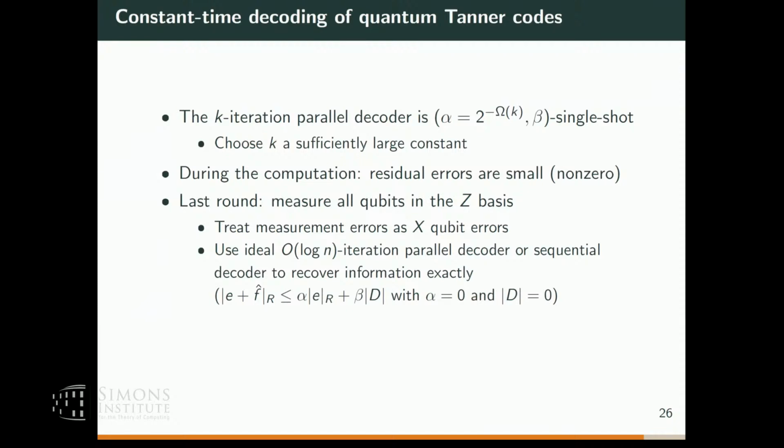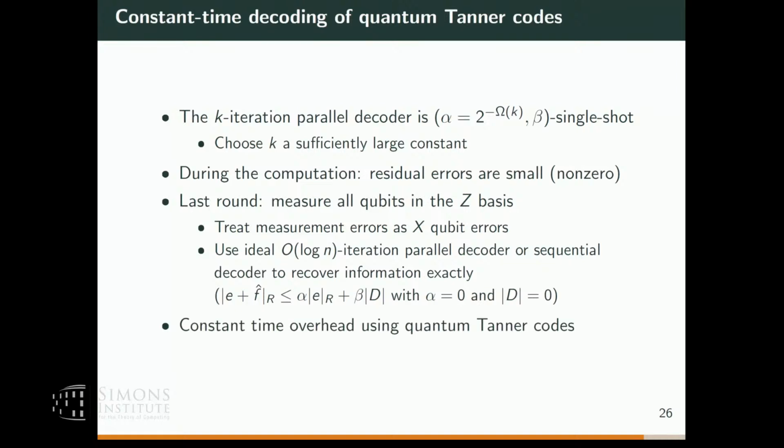Additionally, we can run a more accurate decoder, for example, the sequential decoder or the log n iteration parallel decoder. For those decoders, we have the parameter alpha equals 0, so it doesn't depend on the initial data error. Also, when we treat measurement errors as X qubit errors before the measurement, we assume that there's no measurement error. So basically this whole right-hand side is 0, and you're left with 0 residual error. And you actually perfectly read off the information.